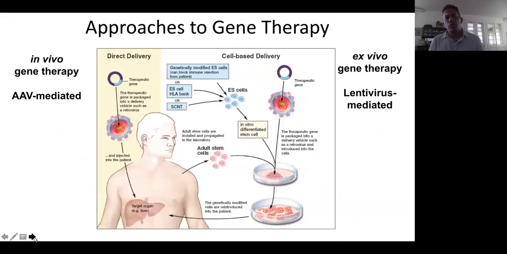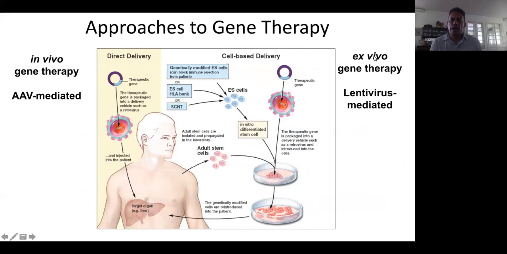Okay, now I'm going to briefly switch gears to talk about approaches to gene therapy. Many of you may have heard about gene therapy being used in boys with childhood cerebral ALD.